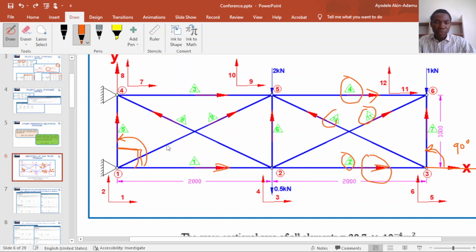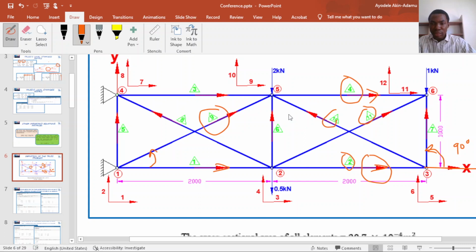Let me remove this. For element 9, this element here, the arrow is pointing from node 1 to node 5. So we take our measurement of angle from node 1, and the angle measurement is given by this. Arctan 1/2 is this angle here.